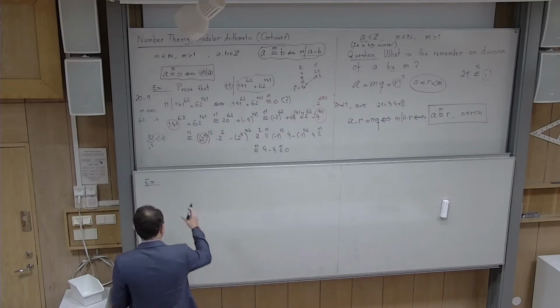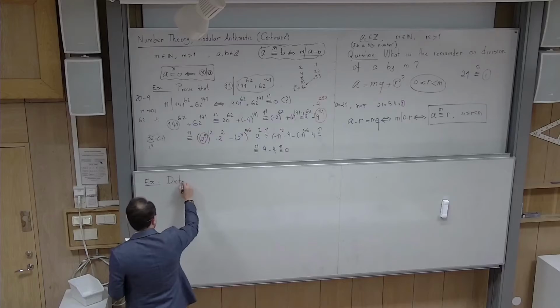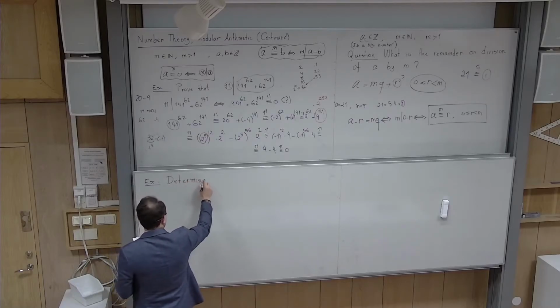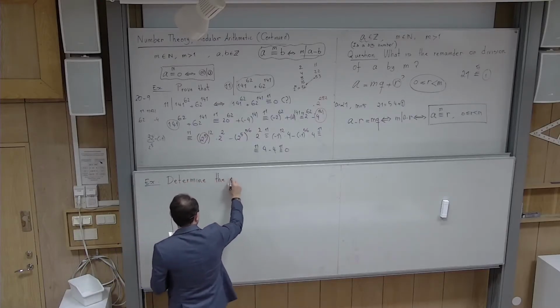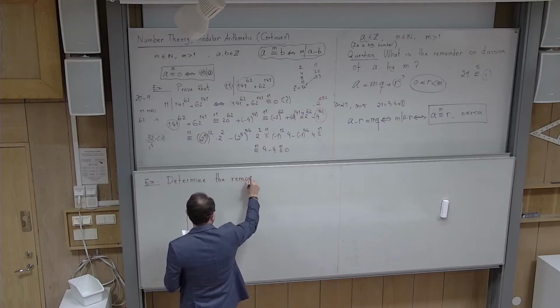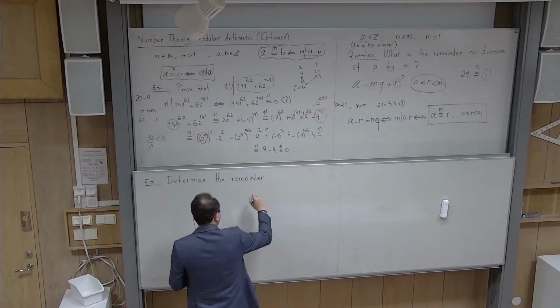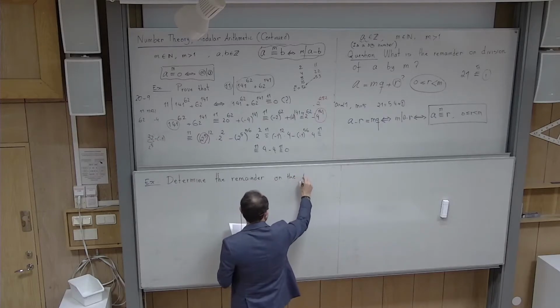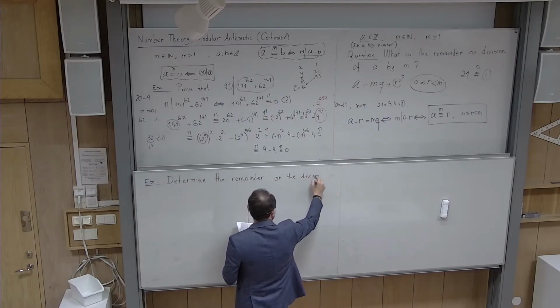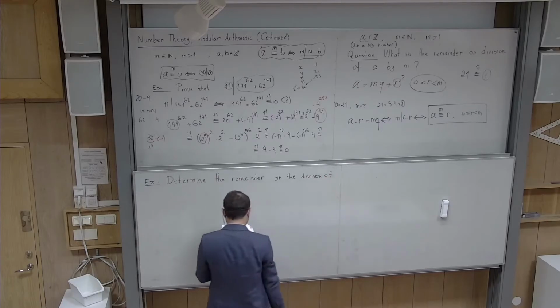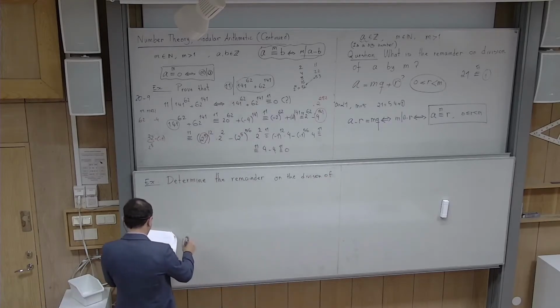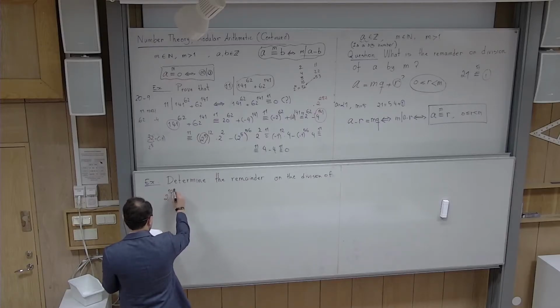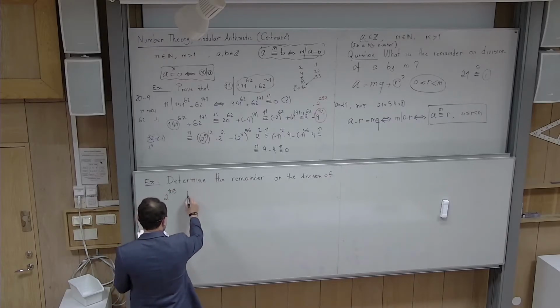Determine the remainder on the division of 2 to power 103 by 31.